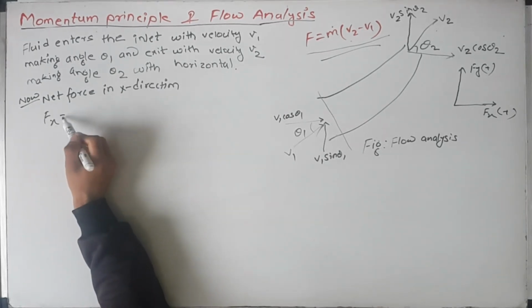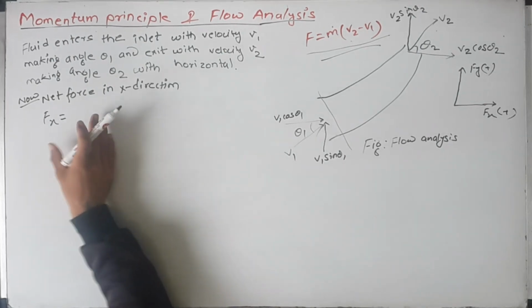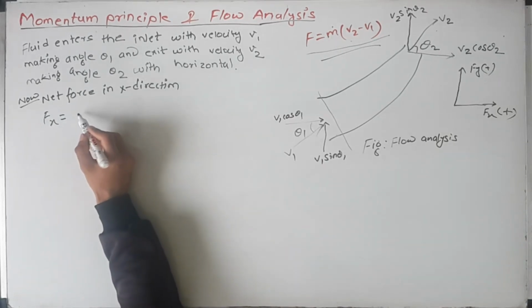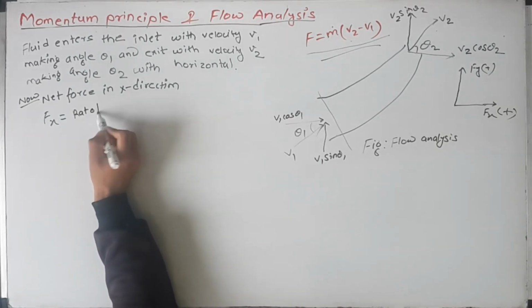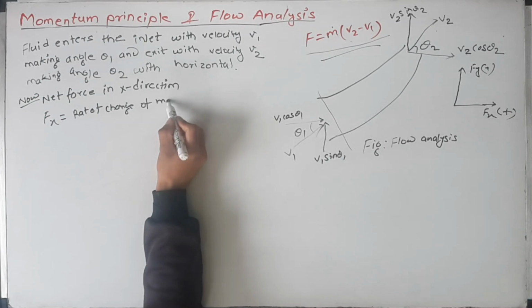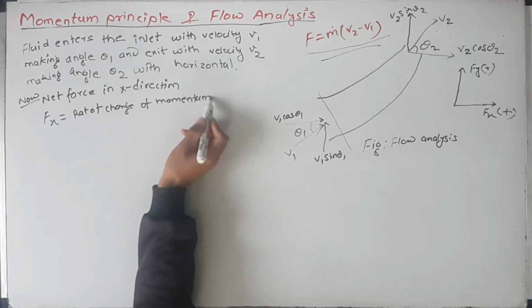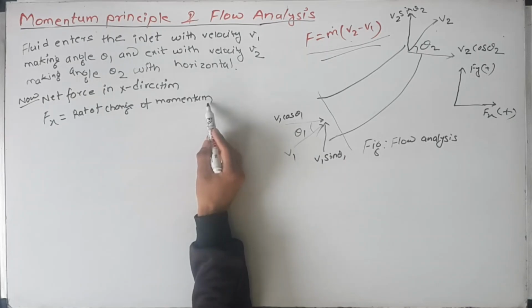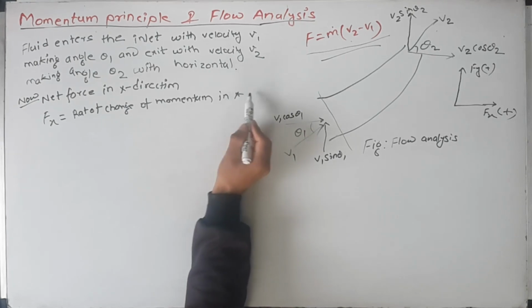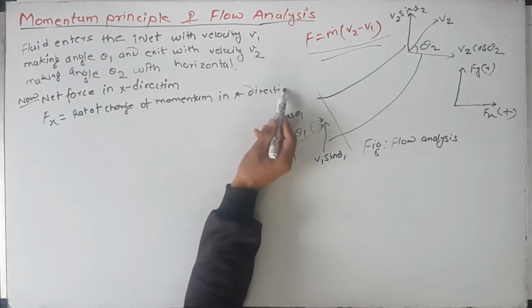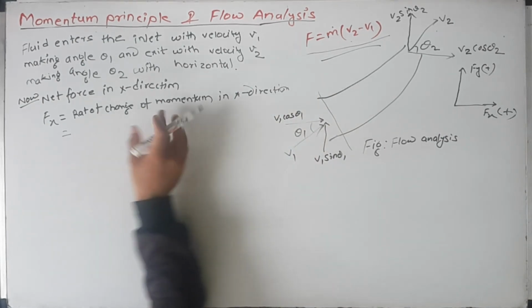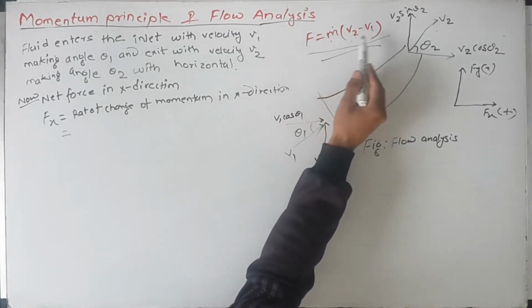Let Fx be the net force in x direction. We assume positive sign convention also. And this is equal to the rate of change of momentum. This is Newton's second law, or momentum principle equation. In x direction, the momentum principle is m dot (v2 minus v1).